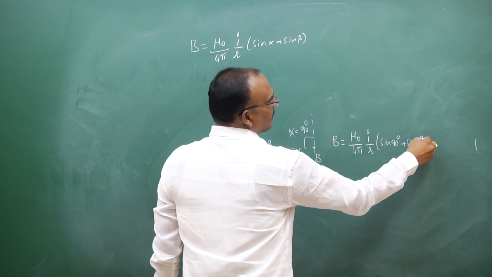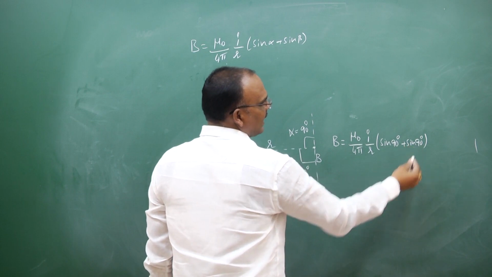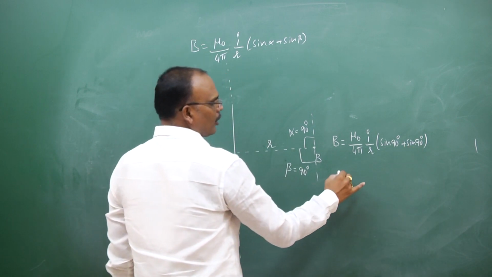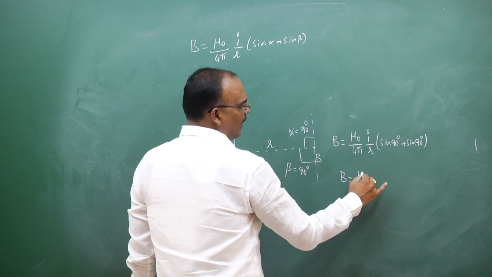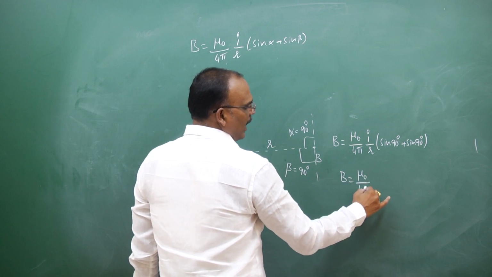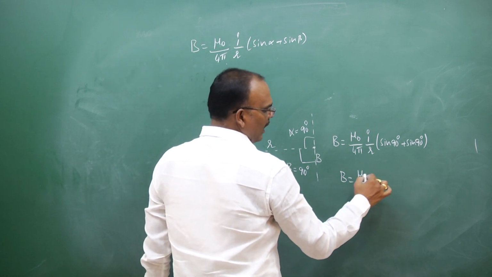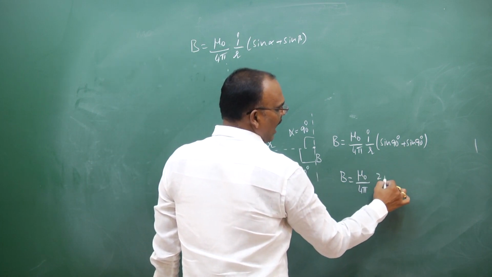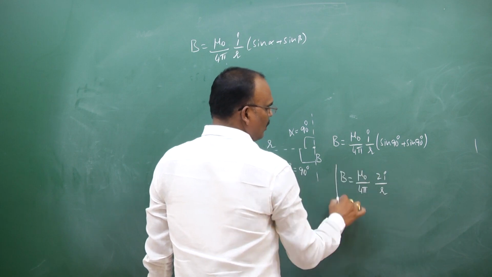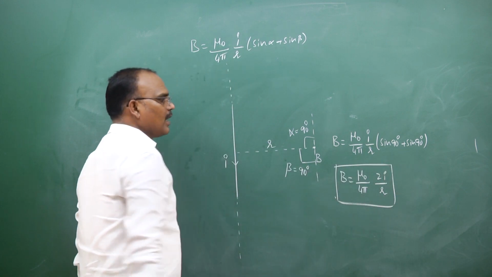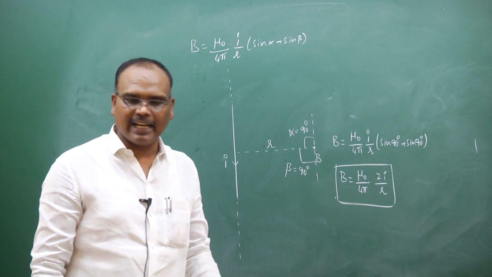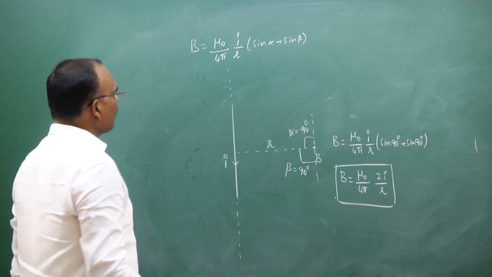That is, sin 90 is 1, sin 90 is 1, 1 plus 1 is 2. So the magnetic field at any point due to an infinitely long conductor is mu naught by 4 pi into 2I by r. That's all. In a very simple way we can determine it. Next application we'll see.